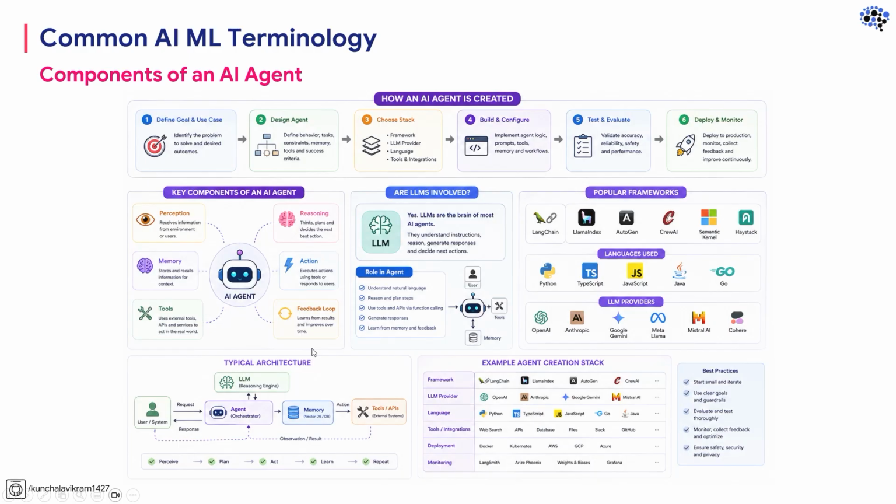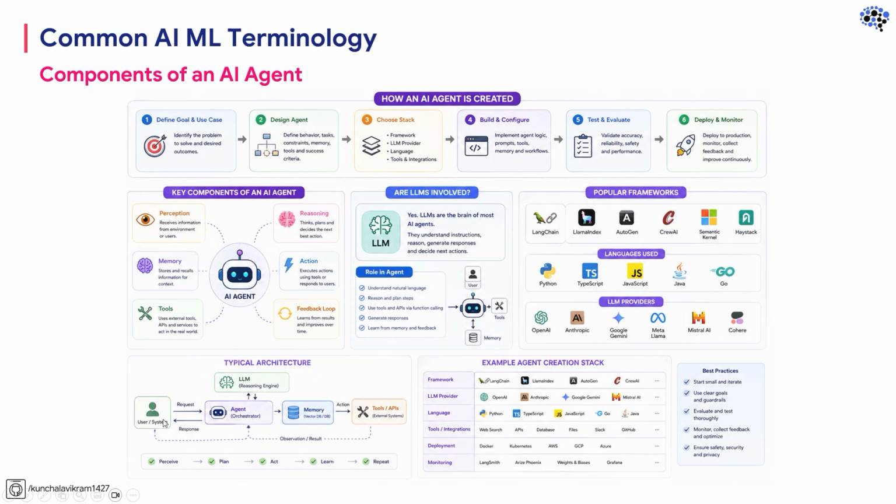So these are the typical components of an AI agent. Okay, you can also see the frameworks, the LLM providers, the languages, what tools it can have, and how you deploy. You can use Docker, Kubernetes, and AWS, GCP, Azure clouds. Okay, for monitoring you can use LangSmith or any other monitoring tools for an AI agent.